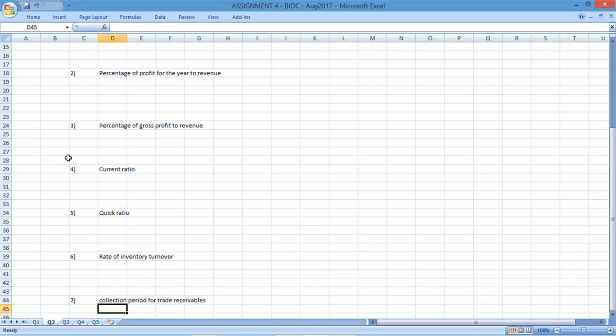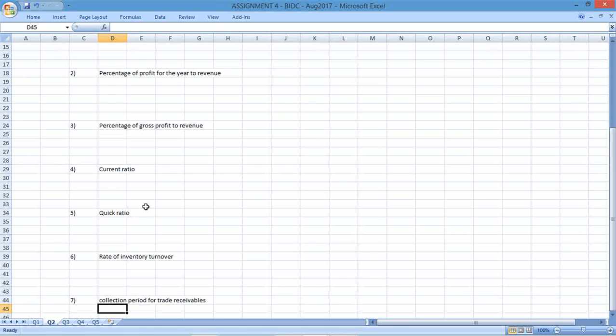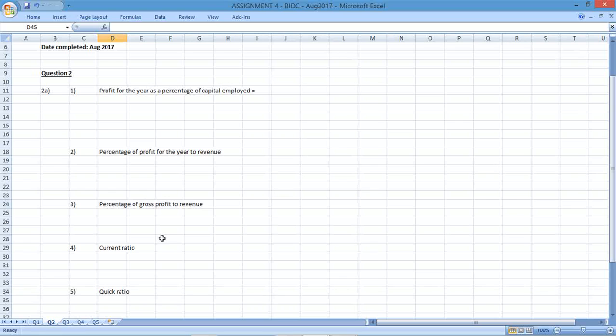And those are the 7 ratios that they've asked you to calculate. So with the information from the statement of financial position and the statement of profit and loss and other comprehensive income, or the income statement, we're going to have to pull the correct amounts through in order to do a calculation for each and every one of these.